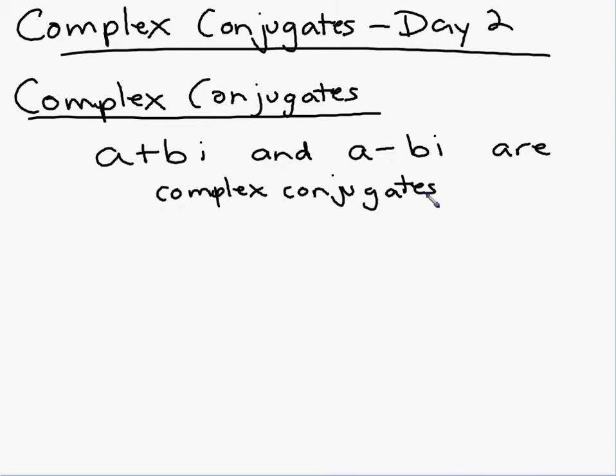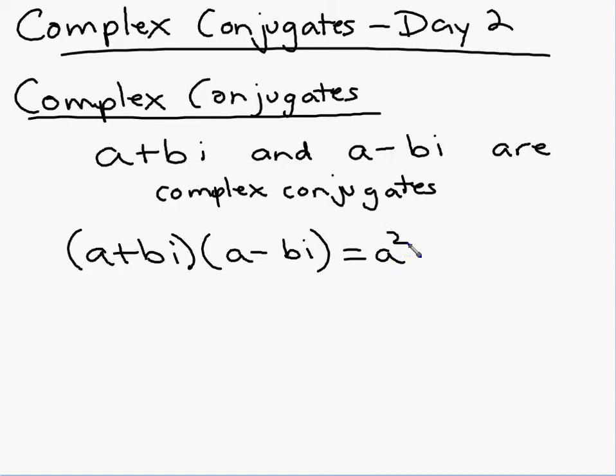And the reason why the conjugate is so important is because of this. If I multiply a plus bi times a minus bi, a binomial times a binomial, I think you see that this is going to be a difference of two squares. So I square the a, a squared, minus I square the second term, which is going to become b squared i squared.